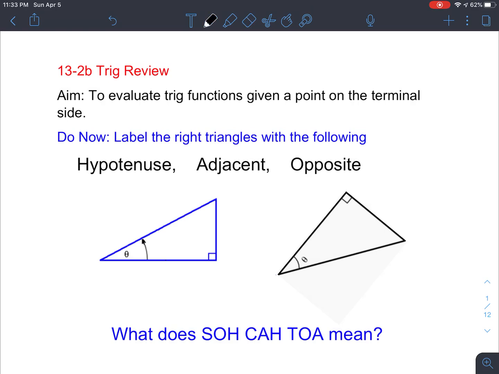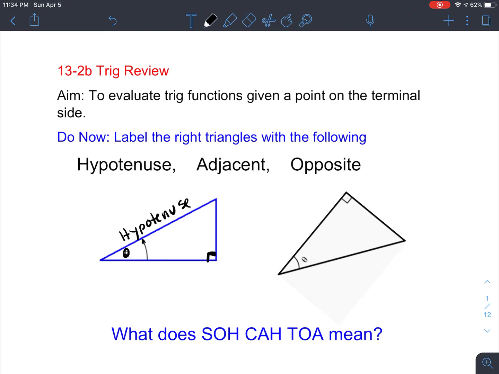Now, what is common to all right triangles is that the side that is opposite the right angle will always be called our hypotenuse. So if you can identify the right angle, you can identify the hypotenuse. The other two sides will switch based upon what angle you are looking at.